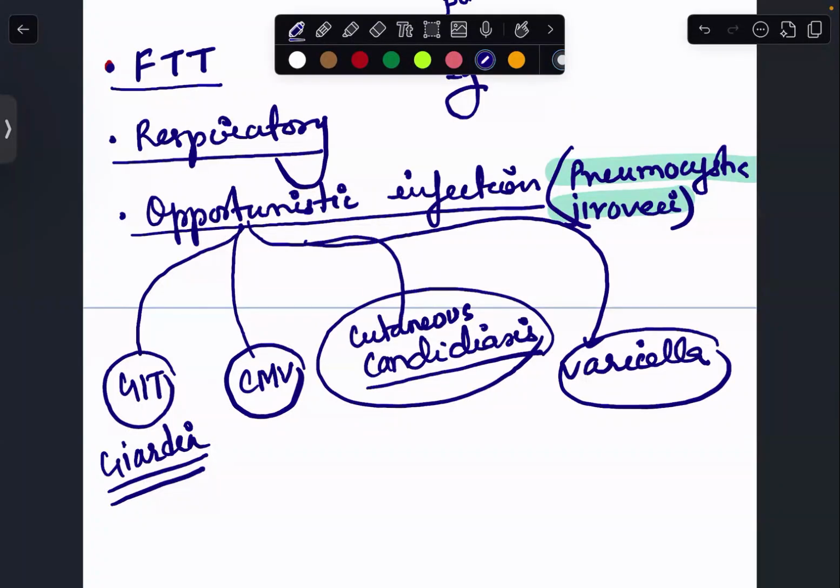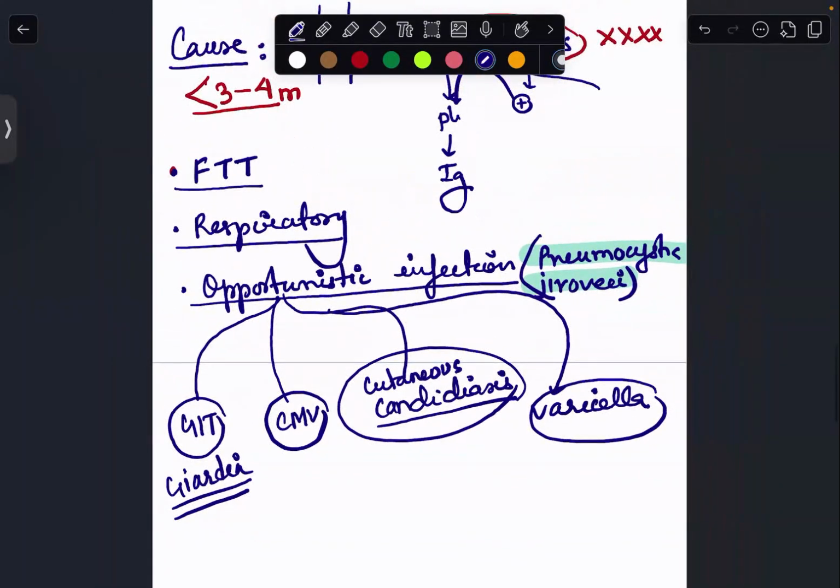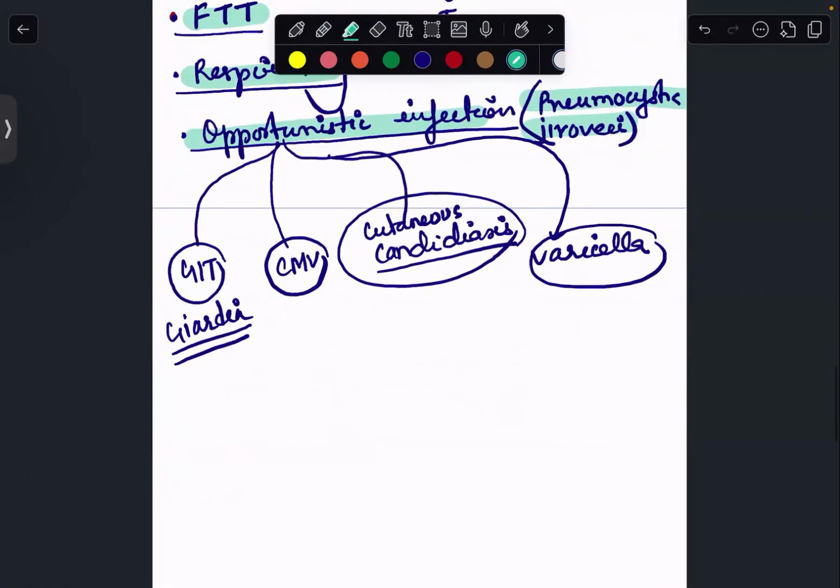Okay. Is this clear? So there will be failure to thrive. They present very early in life, in less than 3 to 4 months. There is failure to thrive, there are respiratory infections, upper and lower. There is opportunistic infection by Pneumocystis jirovecii. Plus, there can be other infections like GIT infections with Giardia, G for GIT, G for Giardia, and cytomegalovirus infection.